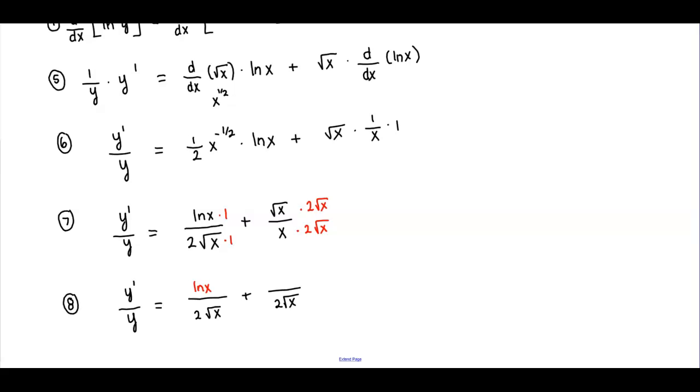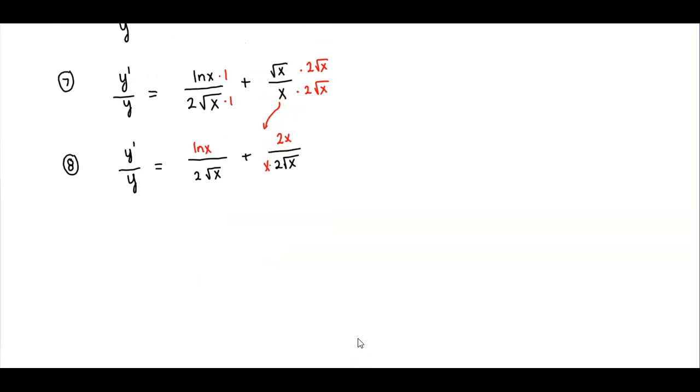So in our numerator, we're going to get 2 times the square root of x times the square root of x, which is going to give us 2x. In our denominator, we're going to have x times 2 times the square root of x. So we have that x here that we're multiplying this by. And so if you notice there, we can simplify that x and that x.